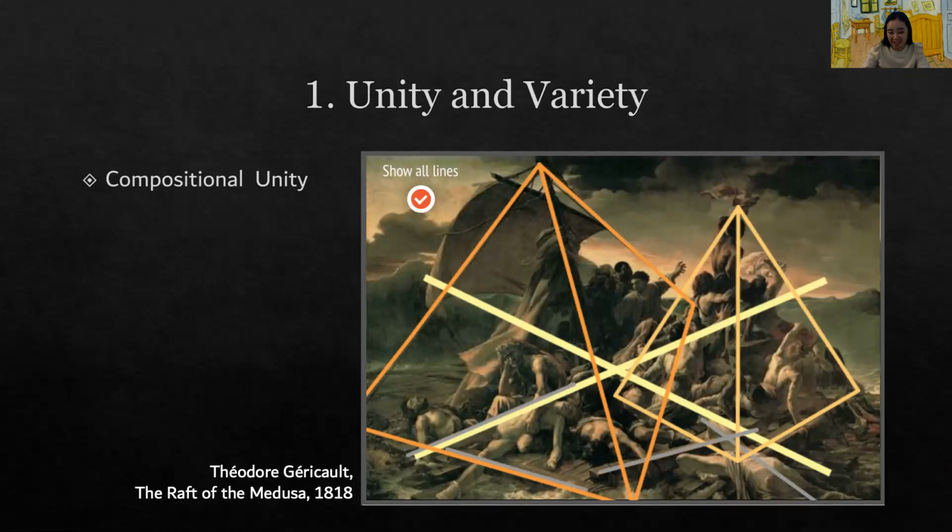These implied diagonal lines created by the men's dying bodies, the raft's mast, and arms reaching out for rescue form an X shape that provides a strong framework for the figures and heightens dynamic intensity.